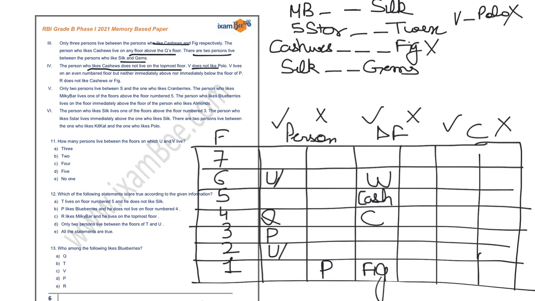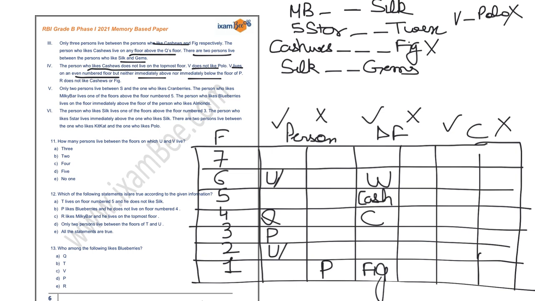Simultaneously it is given to you that V lives on an even number floor but neither immediately above nor immediately below the floor of P. So the floor of P is the third one, so he can't live on floor number 2 and he can't live on the fourth floor, and it is given that he lives on an even number floor, right?